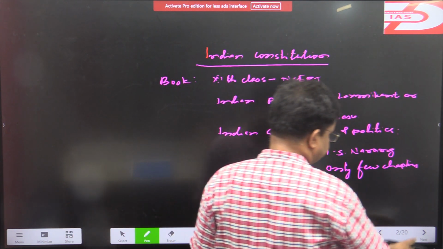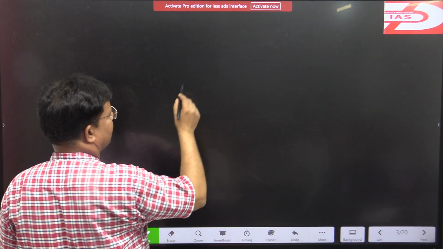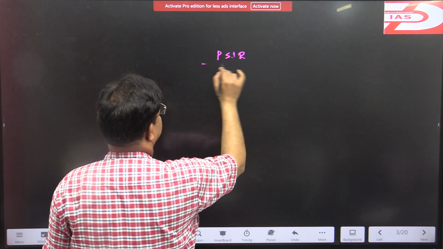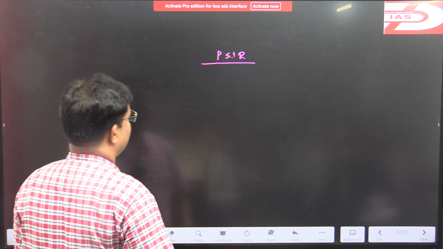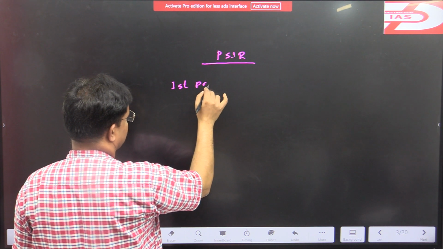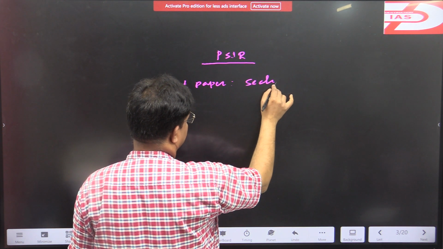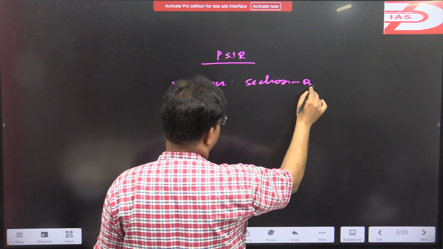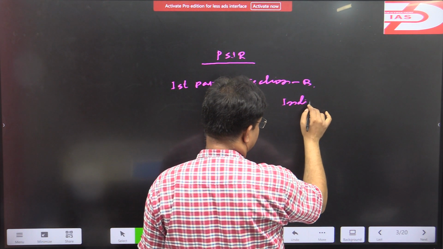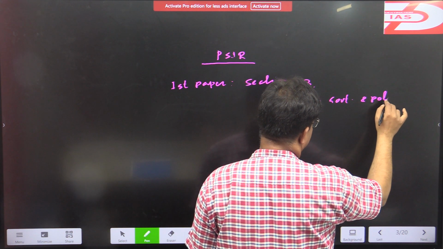Now, come to the point. What is the relevance of this section? Say, in case of political science, PSIR first paper, section B. In section B, you will have to study Indian Government and Politics, that is Indian Constitution, Indian Government and Politics.